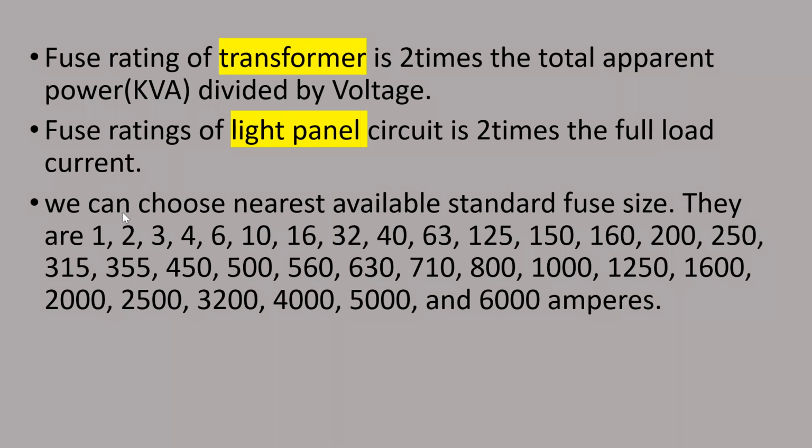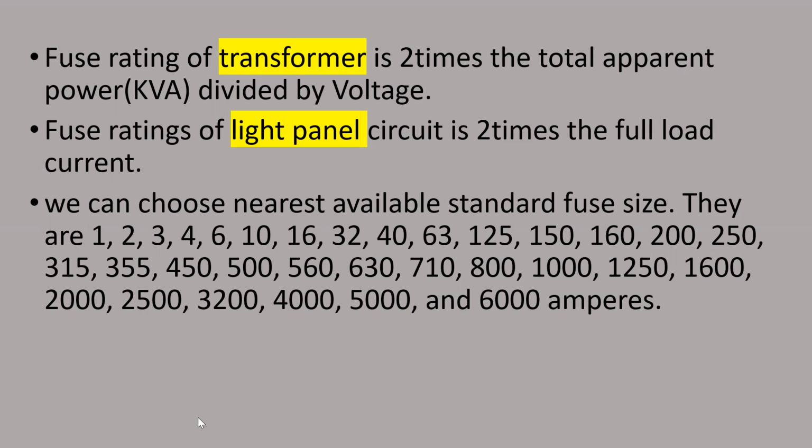Then these are the standard fuse sizes: 1, 2, 3, 4, 6, 10, 16, 32, 40, 63, 125, 150, 160. And if you want a fuse designed for 1100 amperes, the manufacturer will do it accordingly.